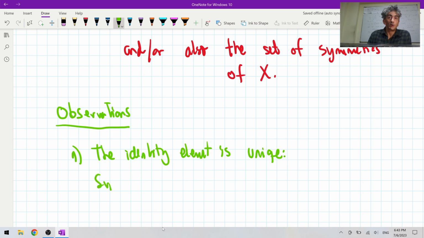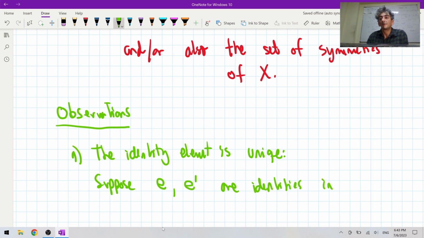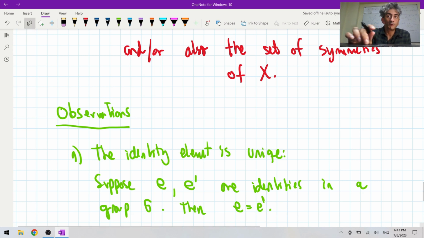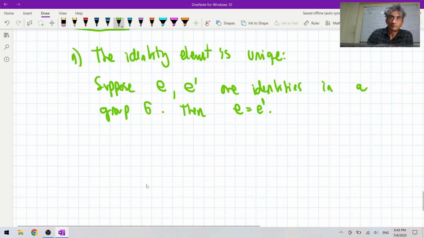Suppose E and E prime are identities in a group G, then they're the same. And the proof is very simple. Proof.